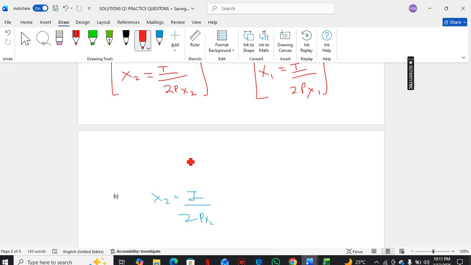So if you hold the income constant, meaning the income doesn't change, what you're going to see is there is a negative relationship between x2 and px2, which is, remember, the law of demand. Remember, there's an inverse relationship between price and quantity demanded. That's what it's basically saying here.